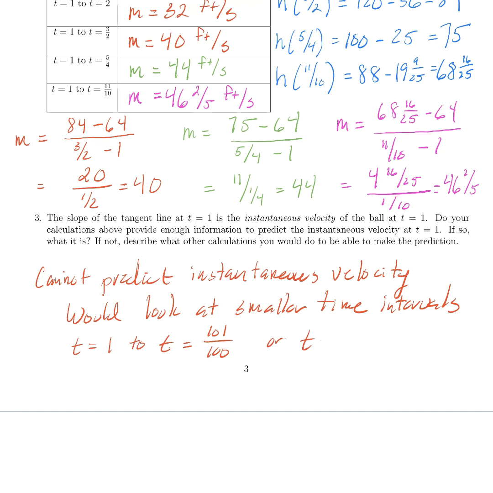Or maybe t equals 1 to t equals 1001 1,000ths. And I would keep doing this until it became a clear pattern as to what number those slopes of secant lines were approaching, and then that would give us the slope of the tangent line and the instantaneous velocity of the ball at that point.